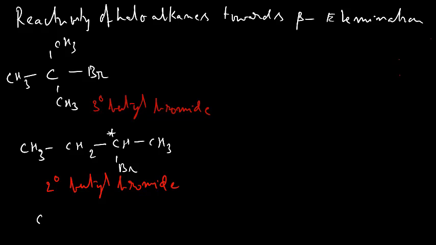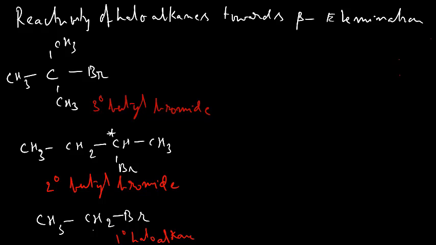On the other hand, this is CH3, CH2, CH2, Br. This is a primary haloalkane. The carbon bearing the halogen atom is connected to only 1 carbon atom.